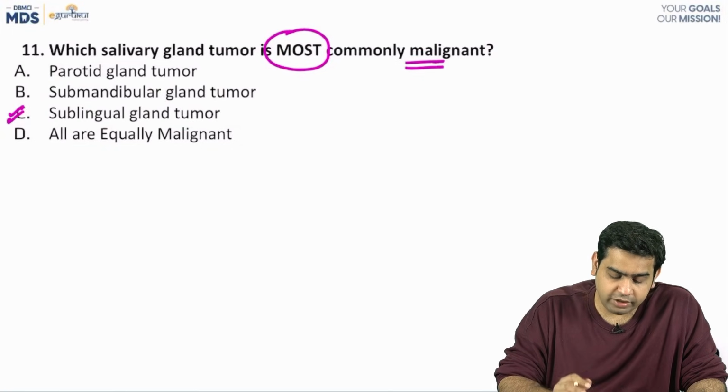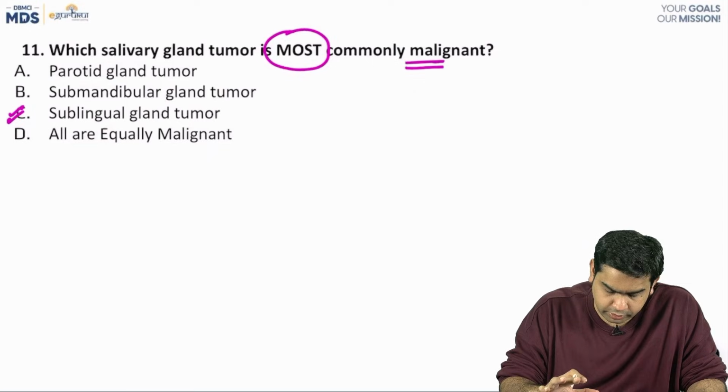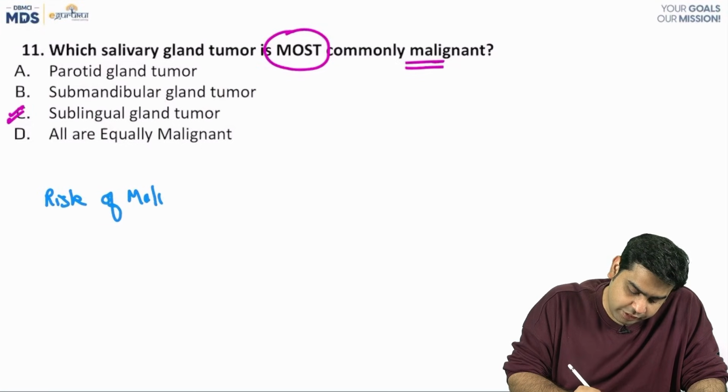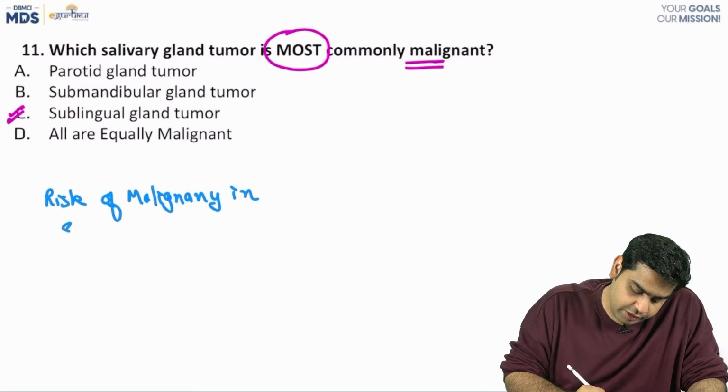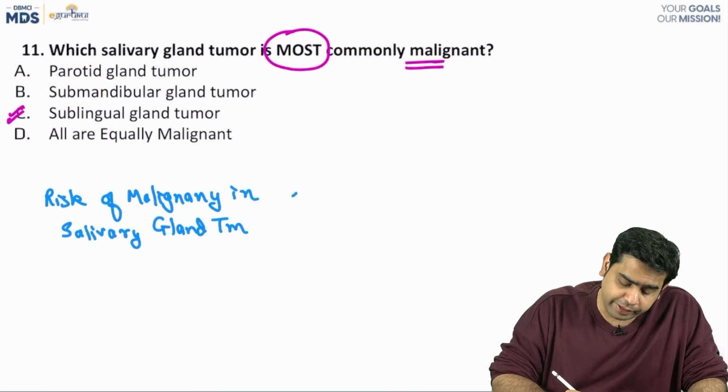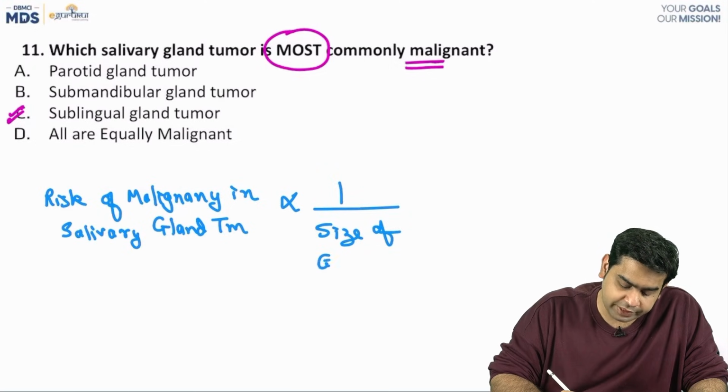So what you need to understand in the salivary gland tumors is the basic dictum, which says that the risk of malignancy in the salivary gland tumor is inversely proportional to the size of the gland.